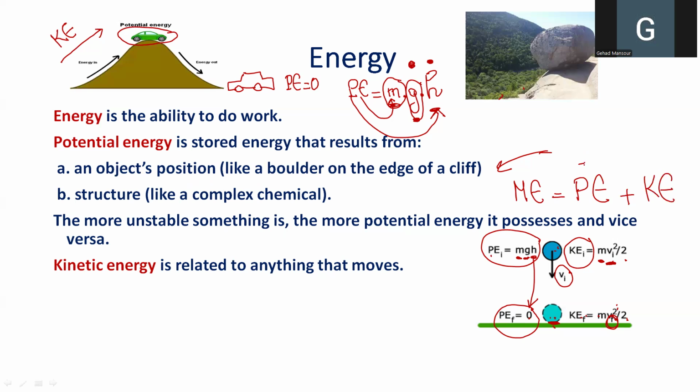This means that as the potential energy of the body increases, the kinetic energy decreases for a particular mechanical energy of that body. So if we have two bodies that have the same mechanical energy, but one of them has a higher potential energy than the other, the one that has the higher potential energy will have a lower kinetic energy.